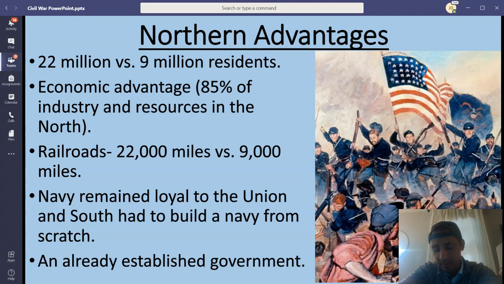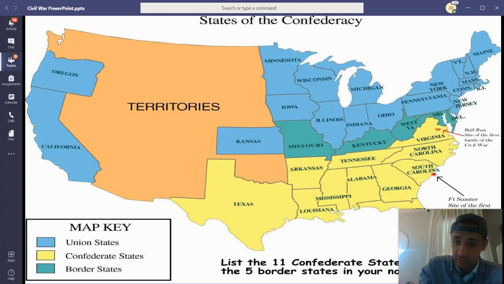And then obviously, as we have discussed, the North already has a government, right? Now, Lincoln was so scared to lose Maryland. What's in Maryland, technically? Maryland, Virginia, more Maryland. Washington, D.C. If Lincoln in the North lost Maryland, one of those border states, Washington, D.C. would be gone.